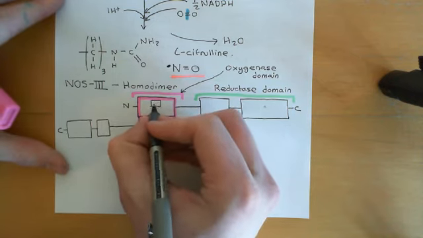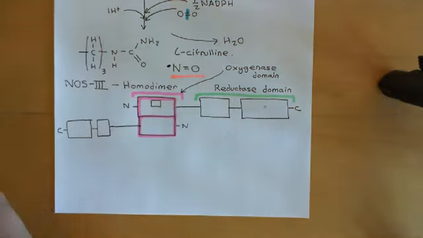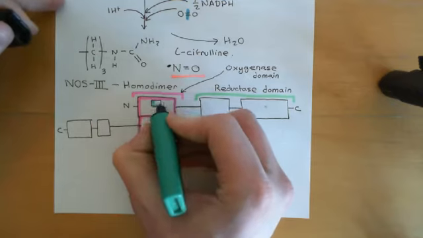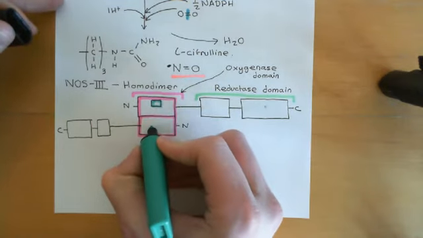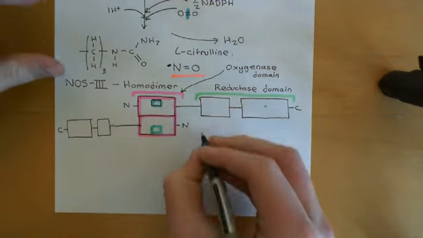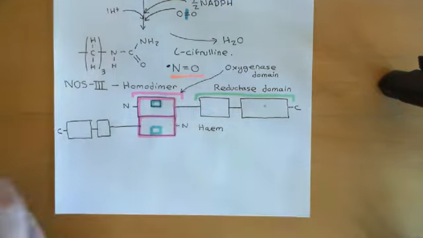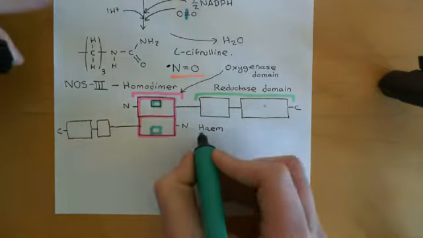So an ion cation, maybe is a better way of saying it, right at the centre. I'm just going to show the prosthetic heme group sticking on like that as a square, because the porphyrin ring is roughly a square. Both of these groups are heme groups, so each of the oxygenase domains has this heme group attached on.